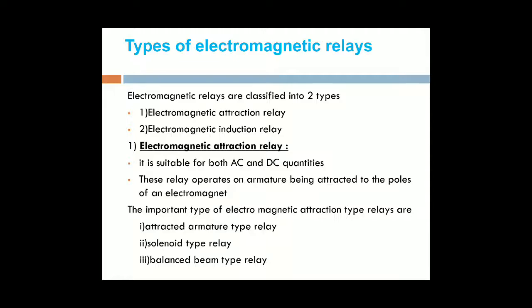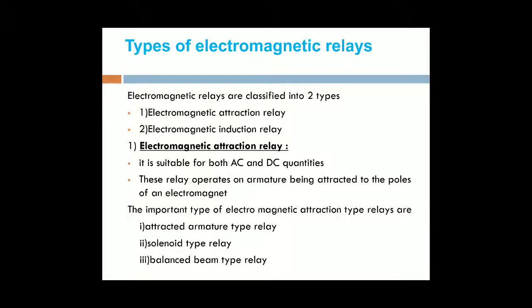The electromagnetic attraction type of relay is operated on the principle of attraction, that means the armature is attracted to the poles, and then the relay is operated. The attraction type of relays are classified into three types: attracted armature type, solenoid type, and balanced beam type.